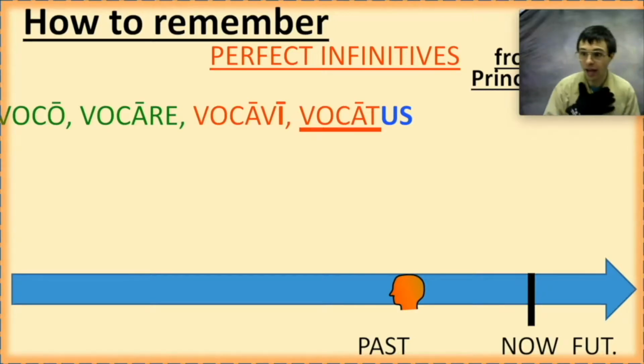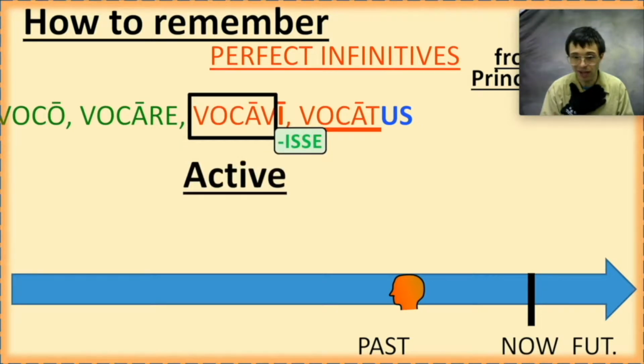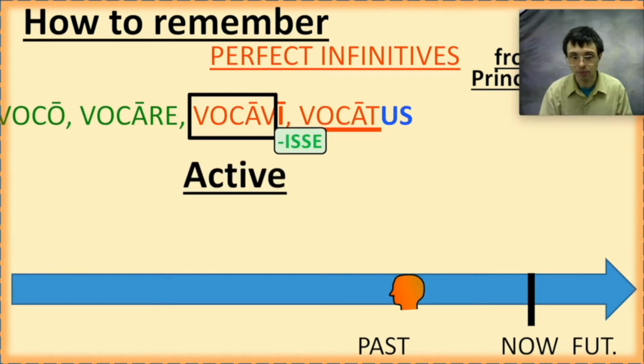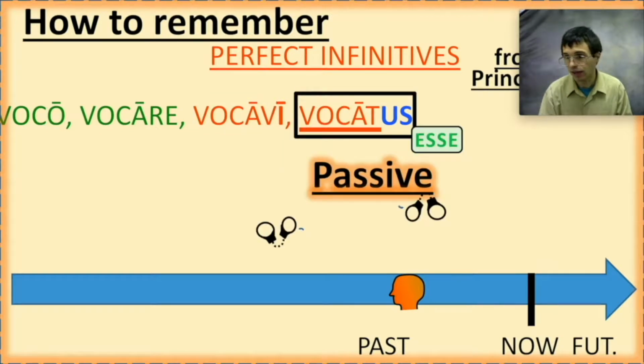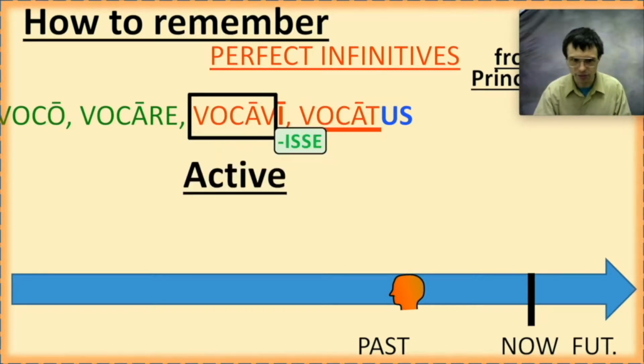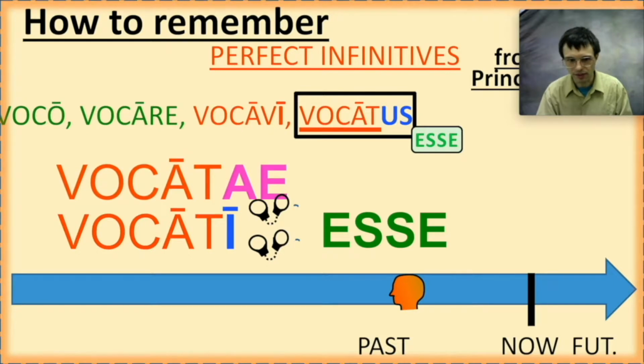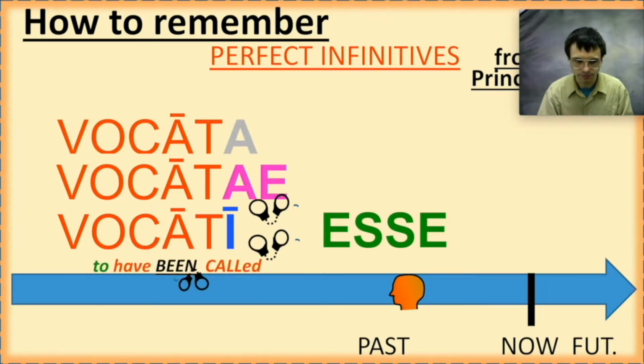Now, this is the way I remember these perfect infinitives. You just move the black box. It's so easy. Boom. Vocavisse, vocatus esse. What's the problem? Vocavisse, active. Vocatus esse, passive. So simple. You just have to remember that the black box excludes that last i. Alrighty. And then the actual form it can take can be any of these.